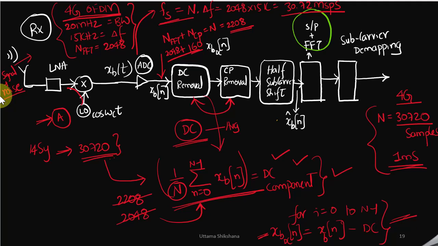One thing you can see is the constellation, right? You can observe how your output is, whether the DC has been removed completely, or whether some DC residual is present, things like that. By that way you can fine tune the algorithm and use the appropriate, more robust algorithm. I hope the things are clear here.